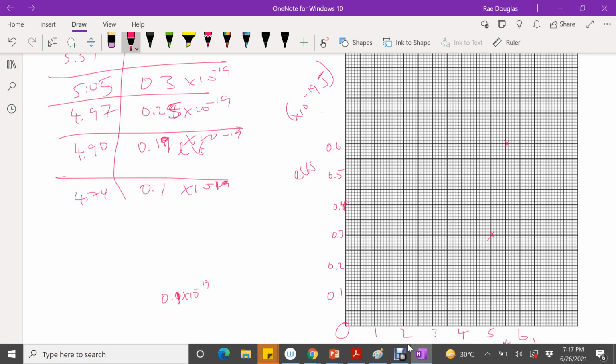The points are somewhat close to 2.5. All right, is that correct? Let me just check. Yeah, I think it's correct. I mean, the points are a little bit close.